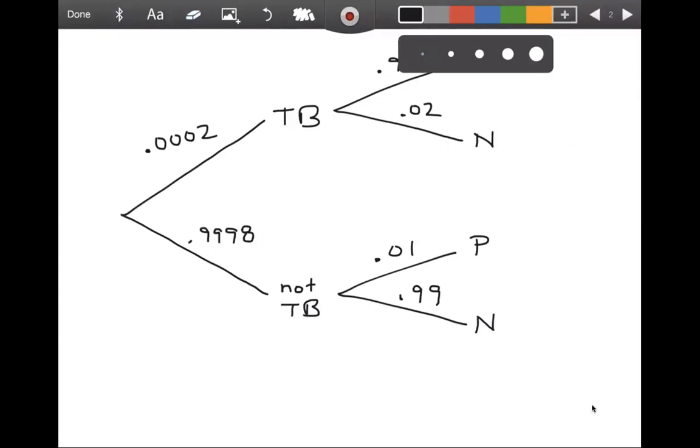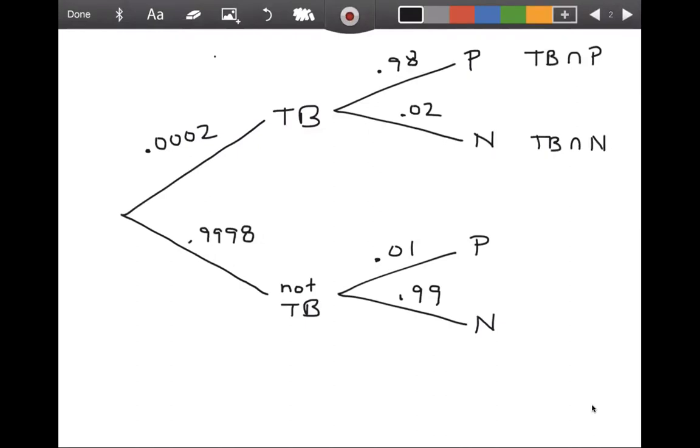I'm saying and, so why don't I just use the intersection symbol? All right, number 3, the person does not have TB and they test positive. Number 4, the person does not have TB and they test negative.